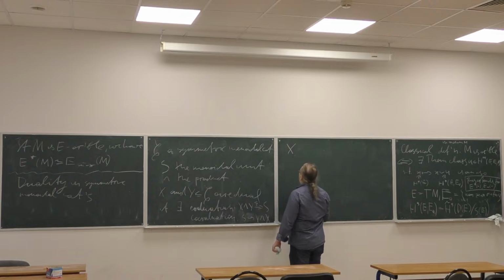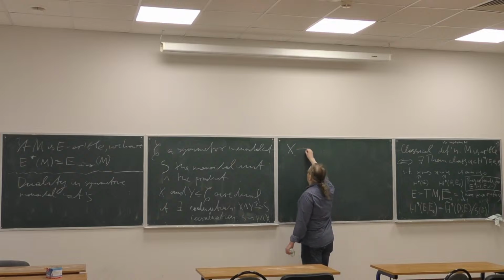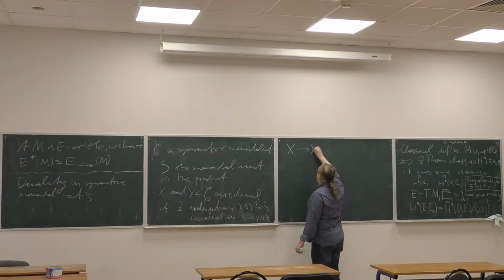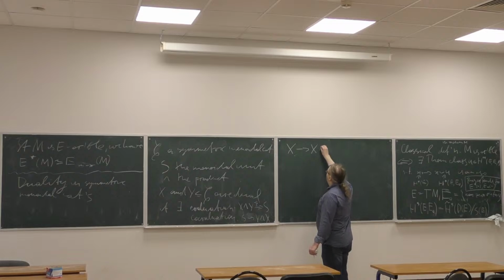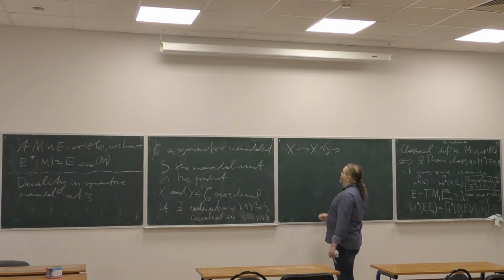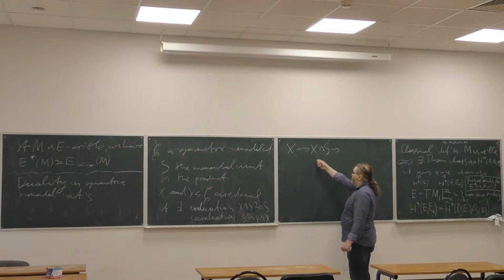X, let's start with X. Let's say that, by the monoidal structure, X is isomorphic to X wedge S. Let's use this isomorphism.